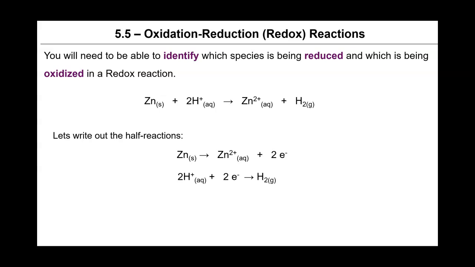How we would identify what is being reduced and what is being oxidized is to break the reaction into 2 half reactions. So one of my half reactions will involve zinc and zinc 2+, and the other will involve hydrogen ions and H2. So I'm going to go ahead and write these guys out.